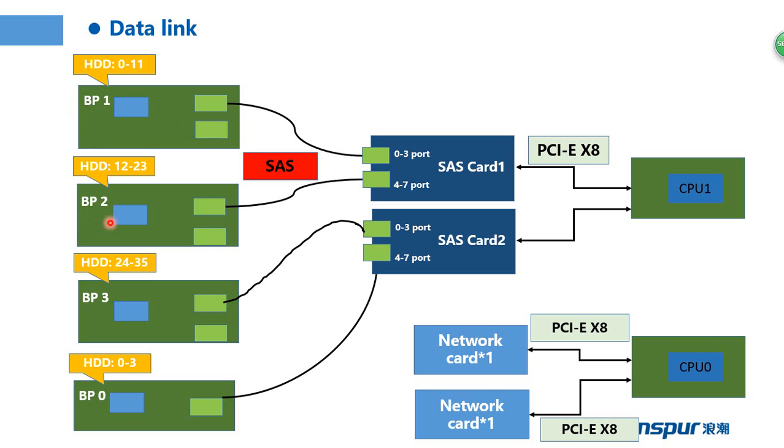Because the server can support 24 front hard drives, there are two hard drive backplanes in the front of the server, backplane 1 and backplane 2. If you understand the SAS cable tool for the M4 server, you can understand the data link easily.